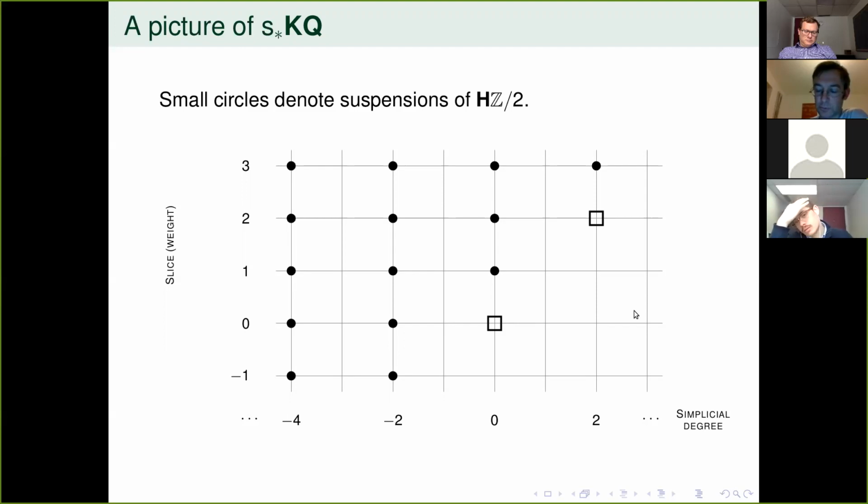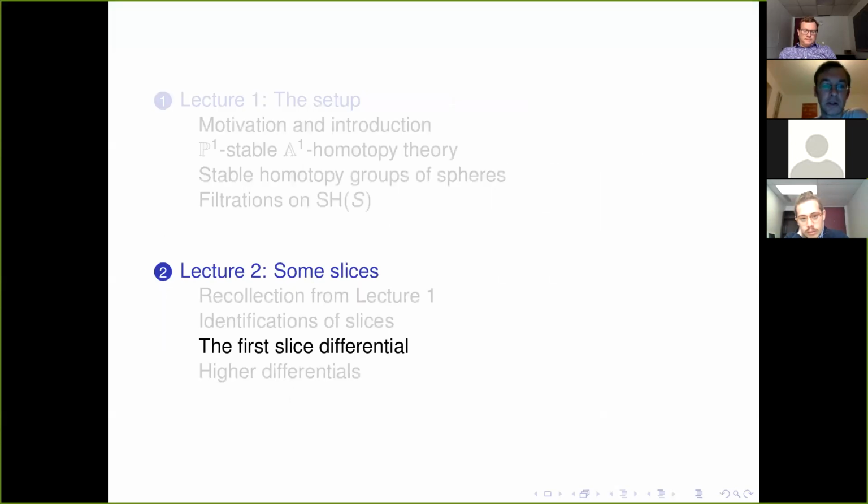So that looks pretty large, and we will shrink this a bit by taking a very effective cover soon. But the periodicity that KQ has simplifies the determination of the first slice differential. So let's pass on to that.